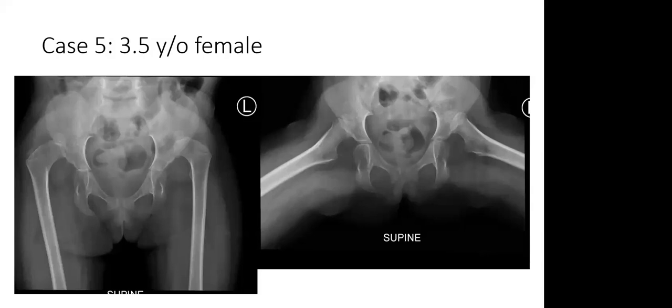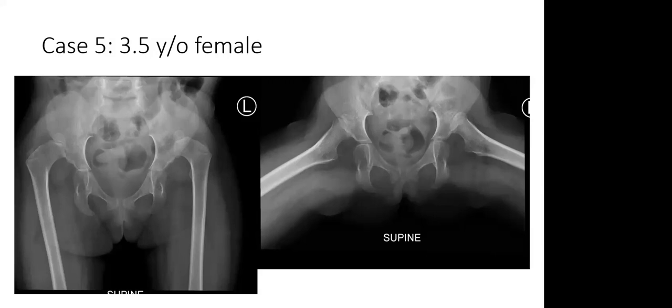X-rays show bilateral hip dislocations. It's possibly a little bit difficult to see what's going on with the femoral heads, but the main thing is that they're both dislocated. Can't necessarily appreciate a pseudoacetabulum there, and I can't say much about the acetabulum, but it does look dysplastic.